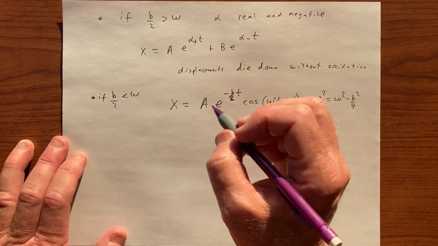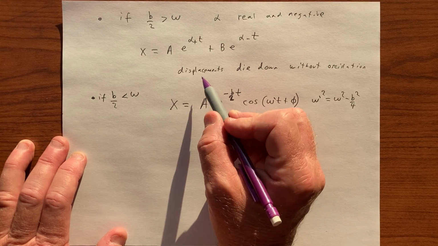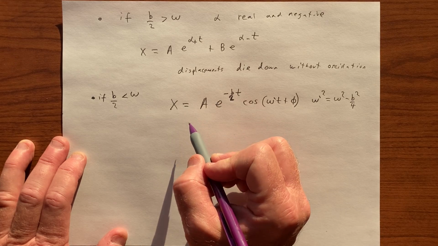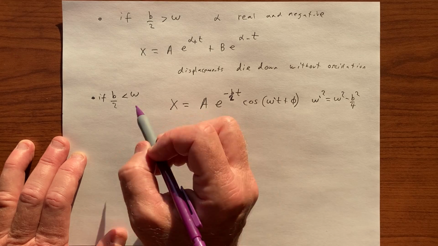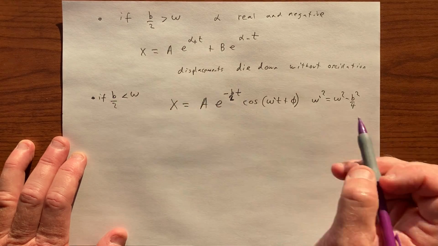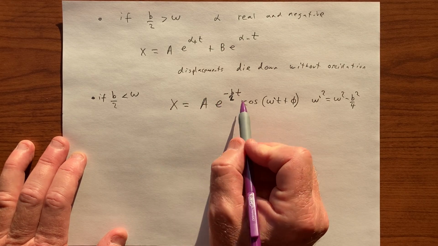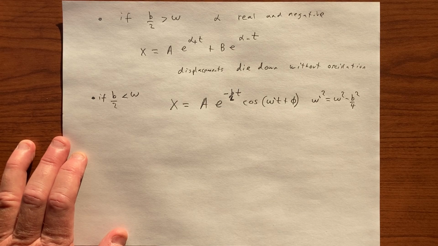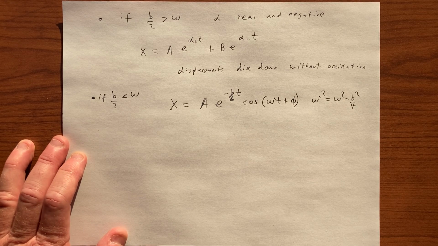So you have a displacement, and then you'll have oscillations because of this term. So if the resistance is small enough, we'll get oscillations, but the amplitude dies down over time because of this term. We'll see the same kind of behavior for the pendulum and for the LC circuit when we put a resistor in to make it an RLC circuit.